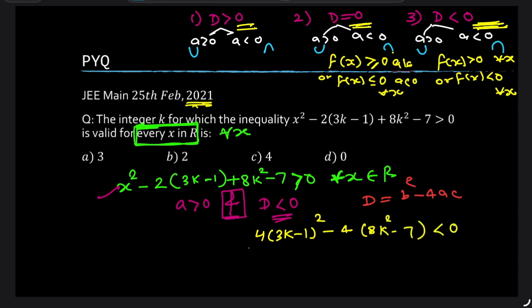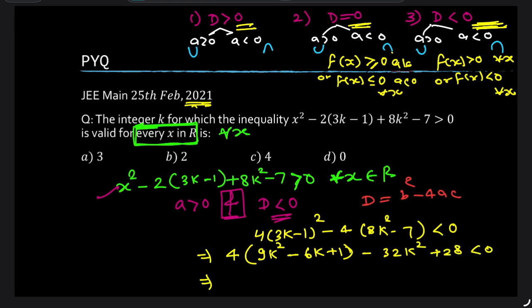Now just simplify it. We'll get 4(9k² - 6k + 1) - 32k² + 28 less than 0. Simplifying, we get 4k² - 24k + 32 less than 0, which is nothing but k² - 6k + 8 less than 0.